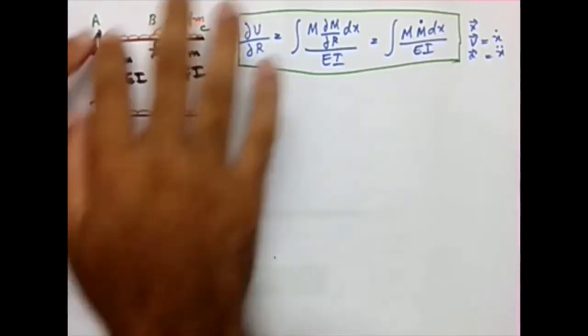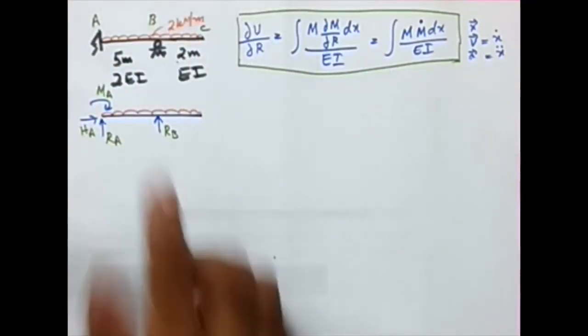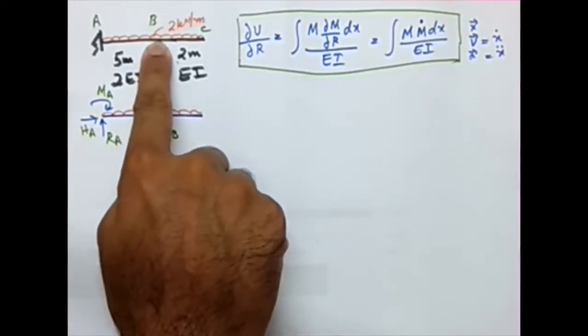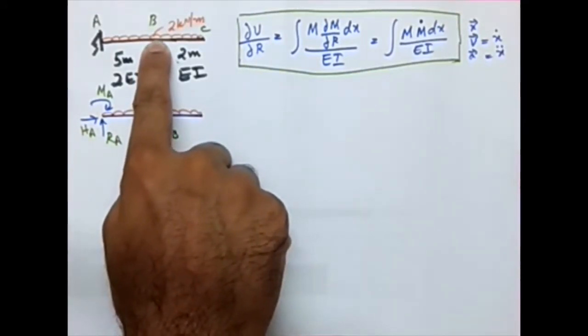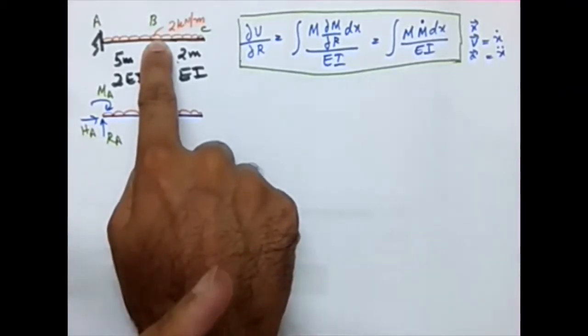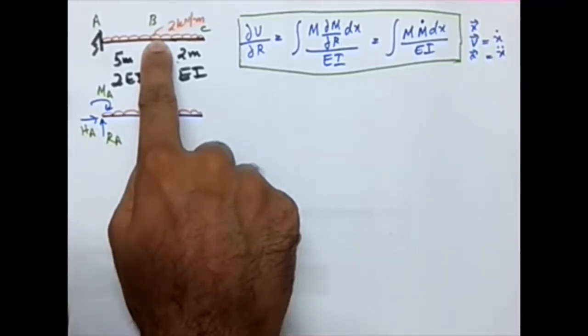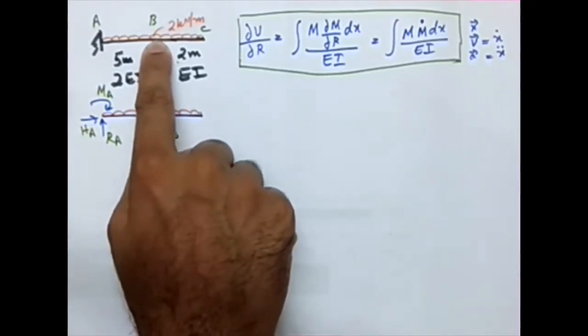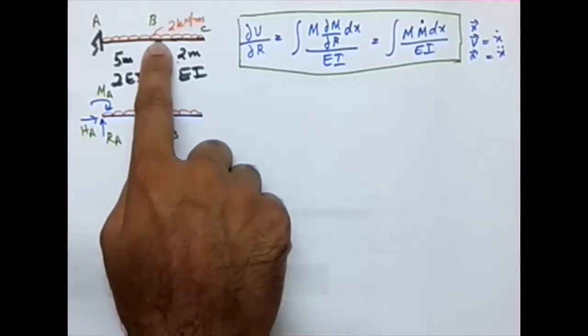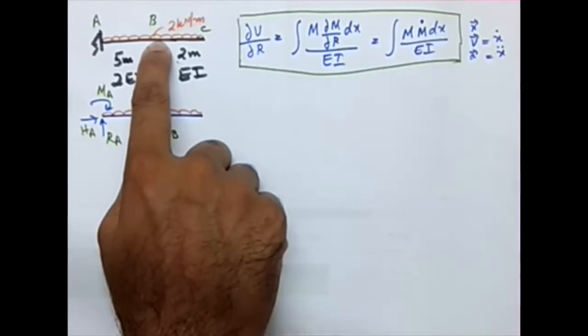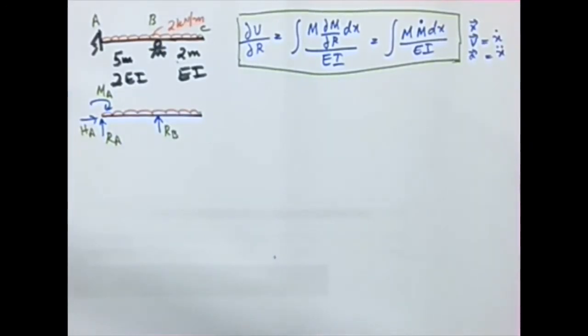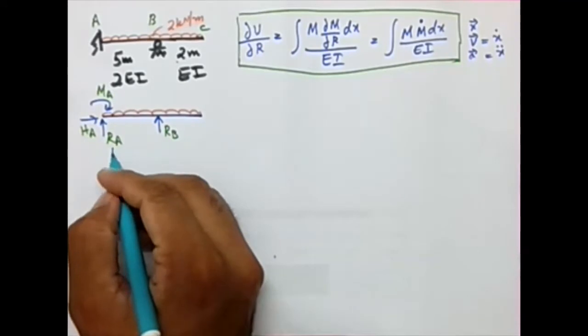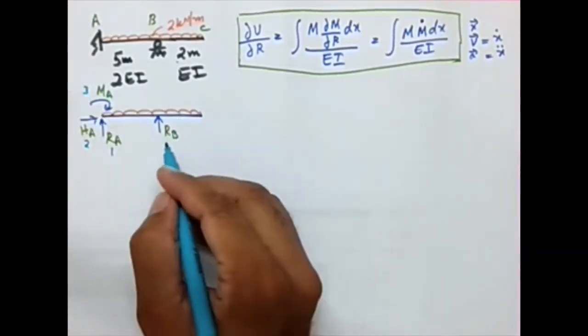Now we need to identify the redundant. So we will just see the beam given in the problem. If we are removing this support, now it's a cantilever, which is a determinate structure. There are basically 2 determinate structures: cantilever and simply supported beam. All other support conditions are indeterminate. So on removing this, it becomes a cantilever which is determinate. So this reaction can be considered as the redundant. If I am giving numbers, let this be 1, 2, 3, and this is 4.